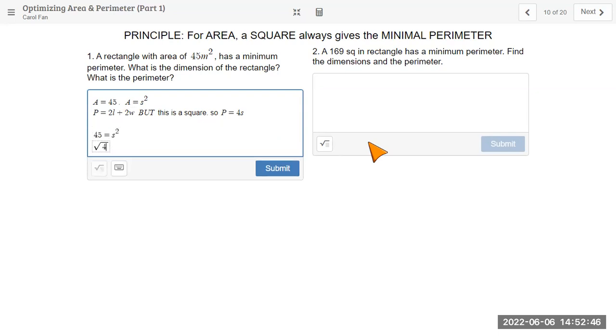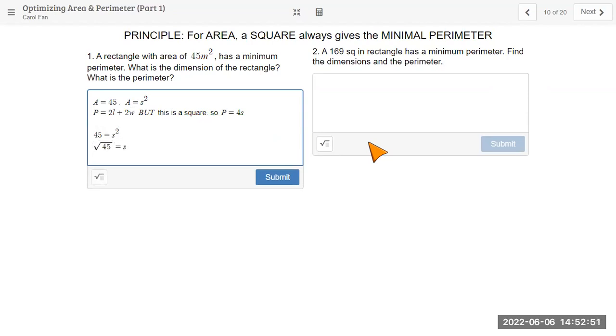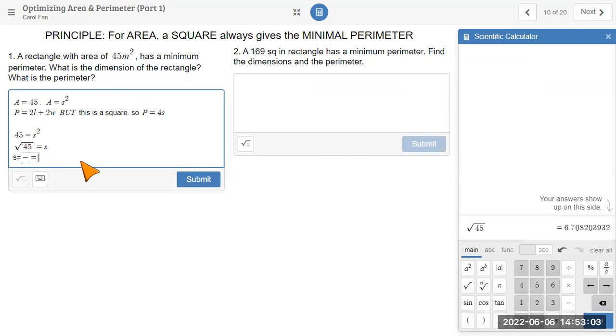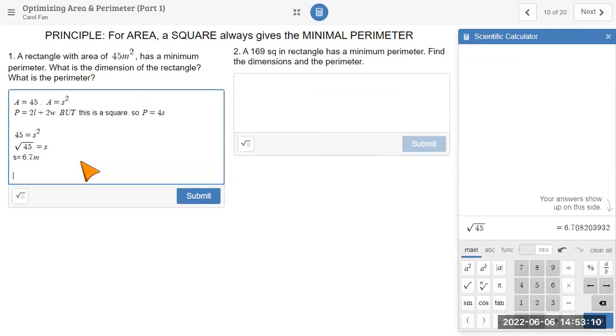So I have the square root of 45 is equal to S, and the square root of 45 is approximately 6.7. Okay, what's the perimeter now? Perimeter is equal to 4 times 6.7, which is 26.8.